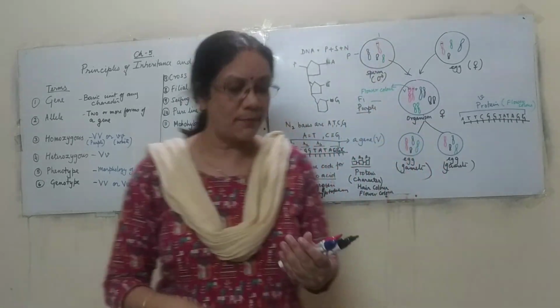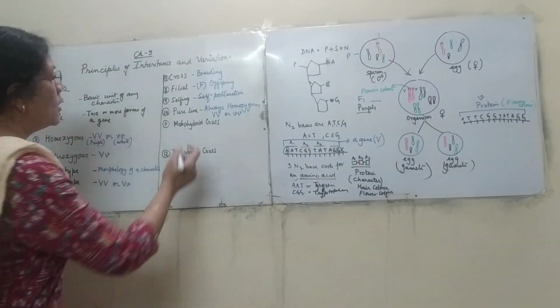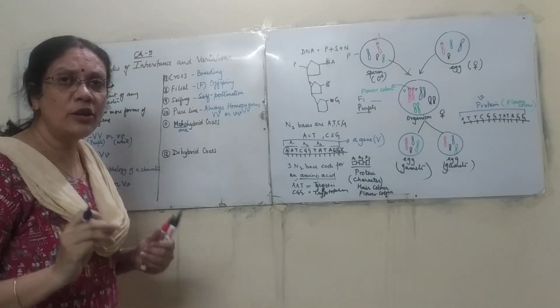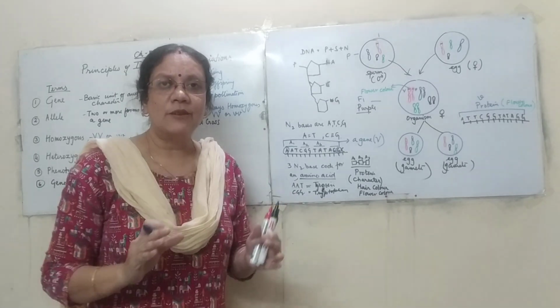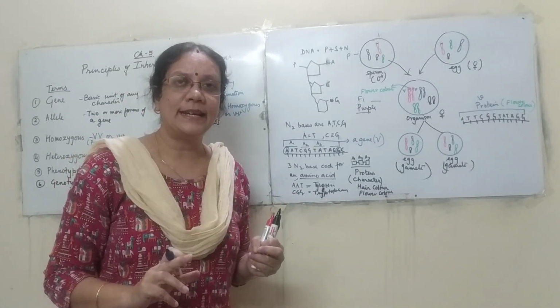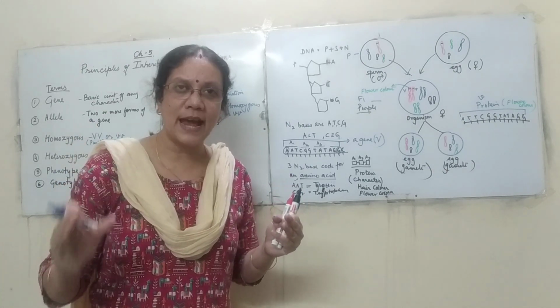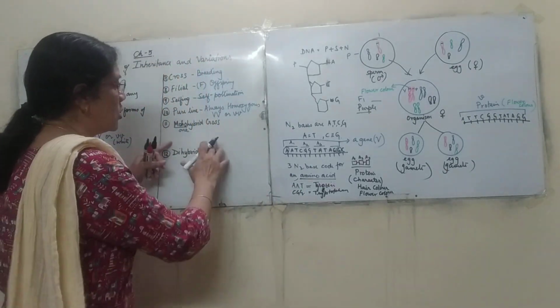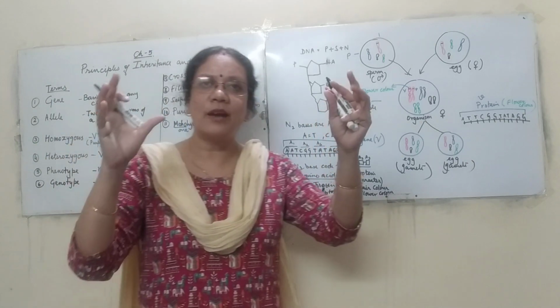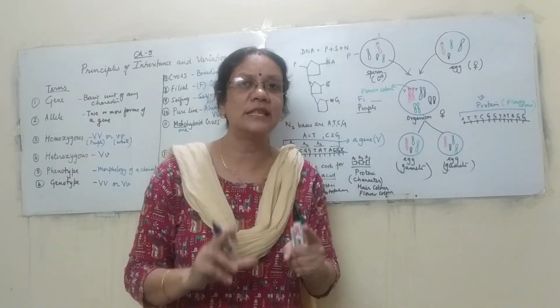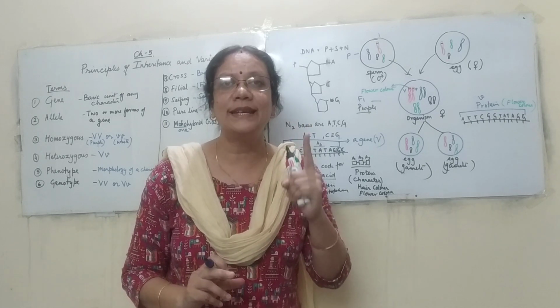What is a monohybrid? It's very important, remember, mono. Mono means one. When you are observing only one character and you are seeing what changes are happening in that character in a cross. So a parent, you have taken the entire pea plant, but your observation is regarding only one character.